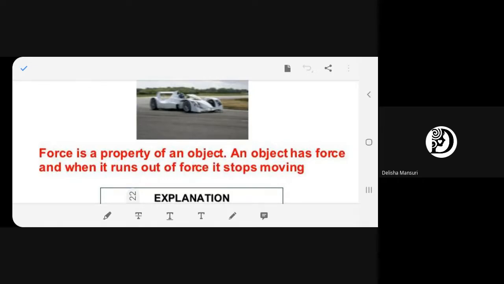If we don't have that, do you think your car and other vehicles will work? It will stop. Your car will not move if it does not have force. And what is the force over here? Petrol or diesel. Okay?